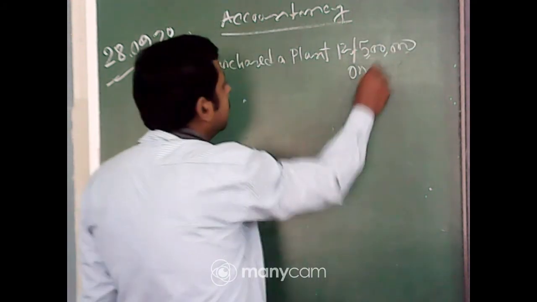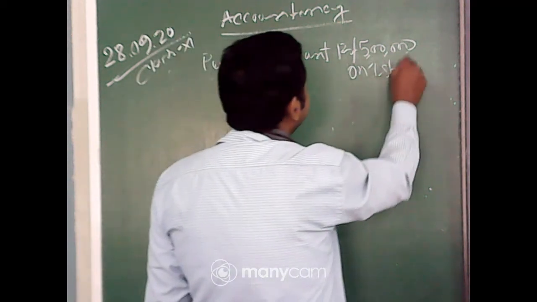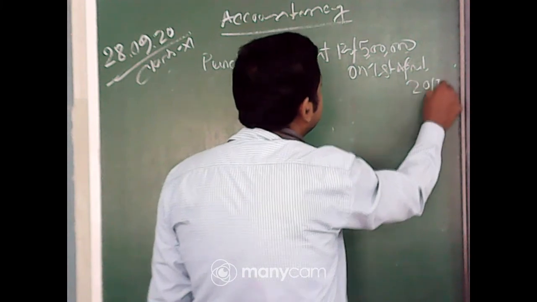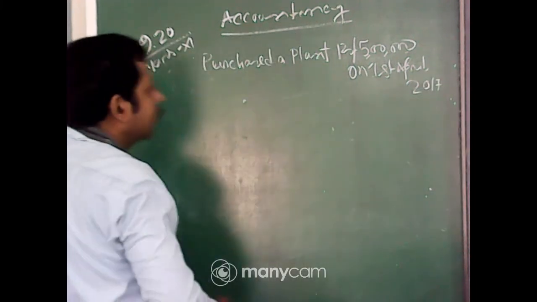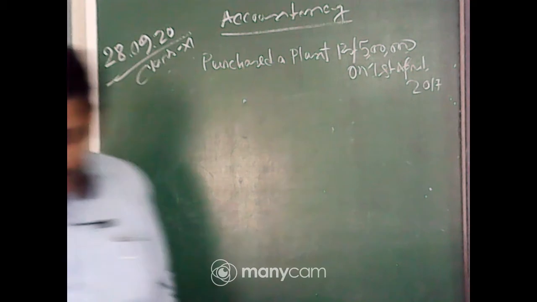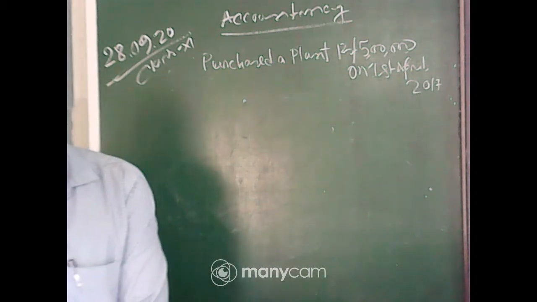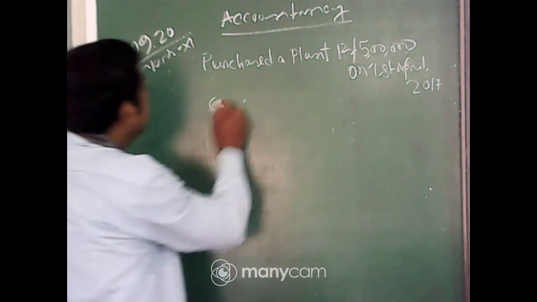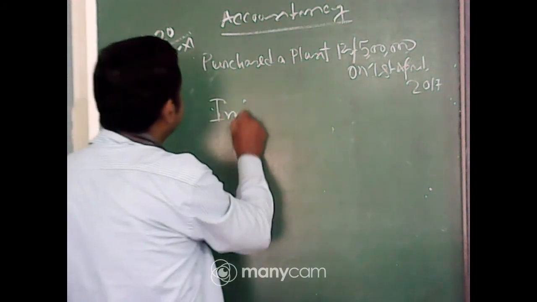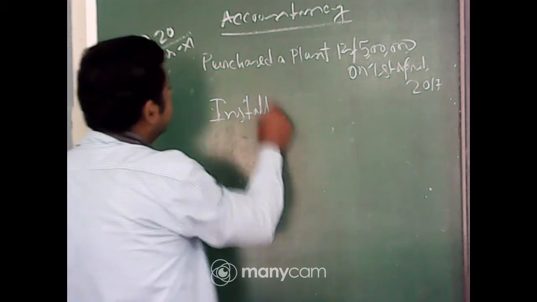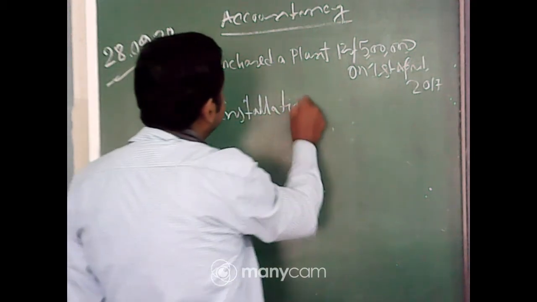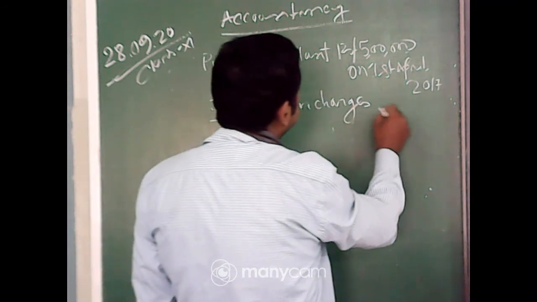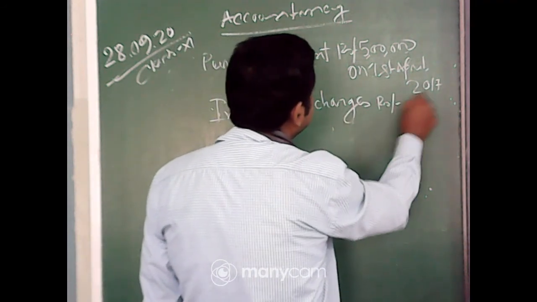This is the first point. Now read, and spent rupees 50,000 for its installation. So installation charges for this machinery are rupees 50,000.